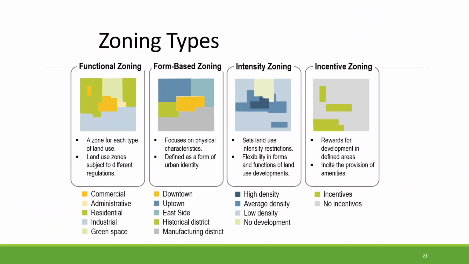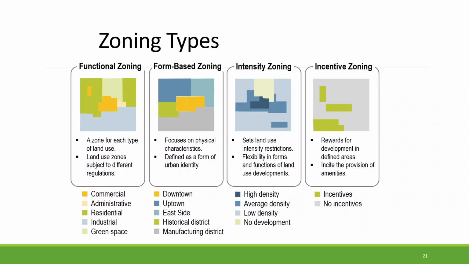Then comes your planning regulations. What sort of planning regulations or urban growth management strategies are being enforced in the city? Some of these are functional zoning, where everything is planned according to different land uses. And if we are influencing or managing those areas with respect to densities, that is called an intensity zone.